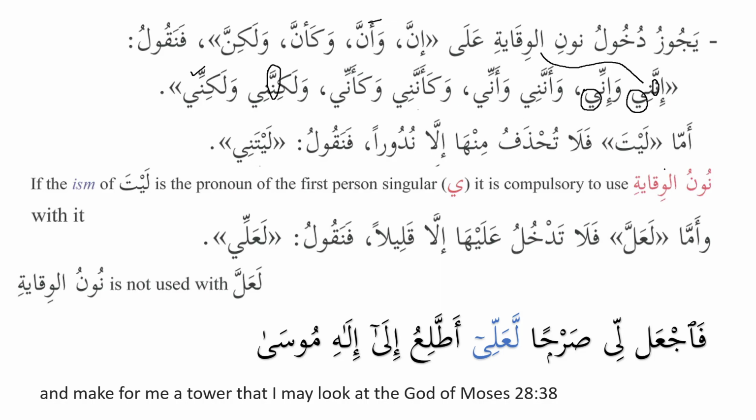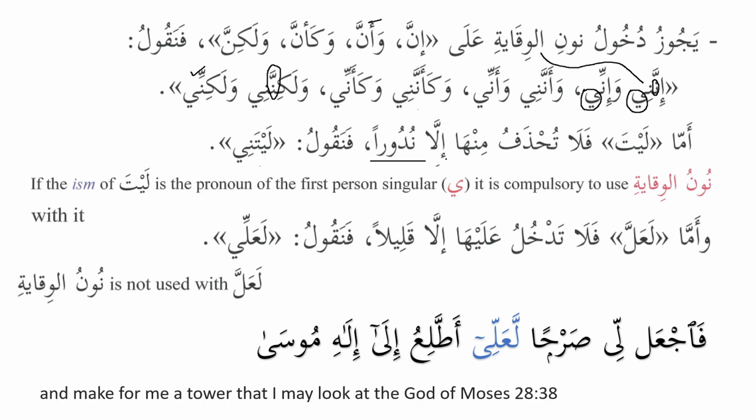However, when we talk about layta, أما ليت فلا تحذف منها إلا نذورا. نذورا is a masdar. There is an exception, or it has to be dropped. Why? Do you remember the reason? Or I mean, noon al-wiqaya has to be added.